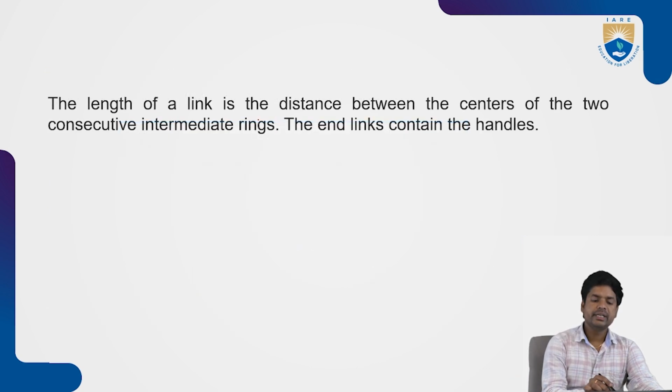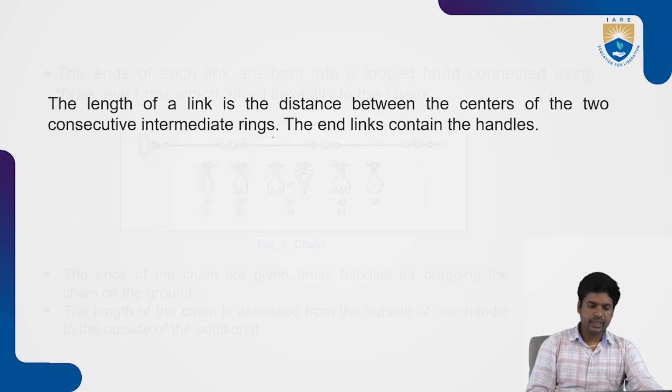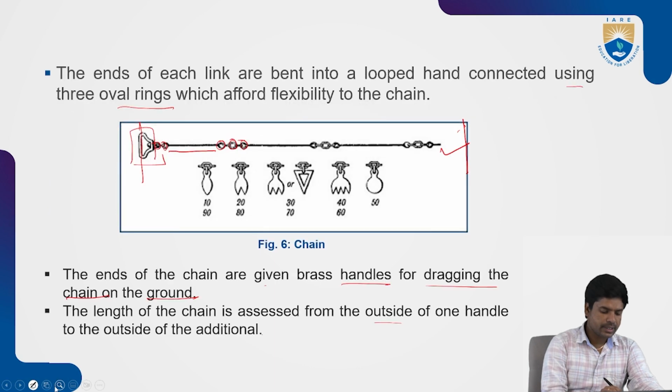Next, the length of a link is the distance between the centers of two consecutive intermediate rings. Here you can see the length is represented from here to here. This portion is called the link, from the center of one ring to the center of the next ring.